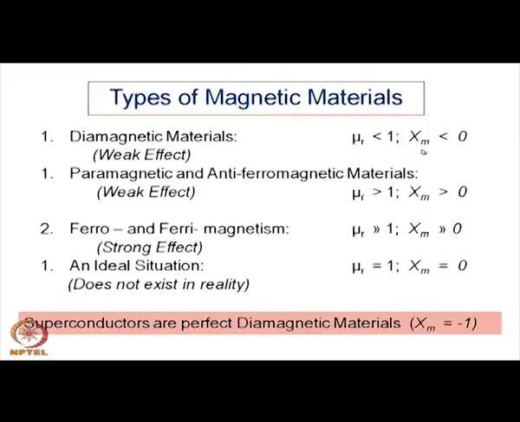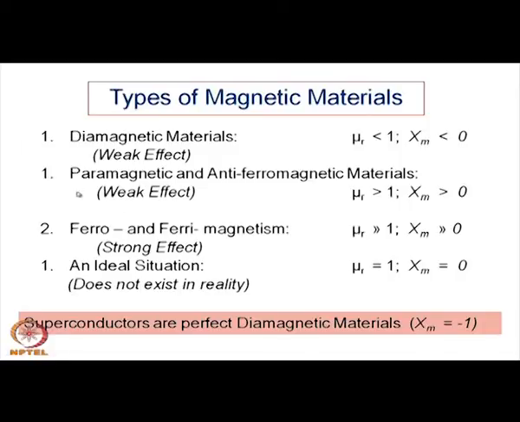Mathematically one can say that μr, the relative permeability, is less than 1, and χm is negative. This group of material is called diamagnetic material and they have a weak effect, they do not respond to the external magnetic field so strongly.